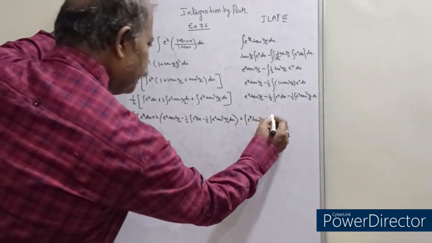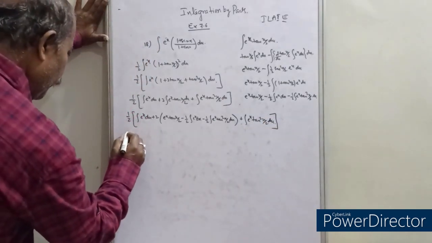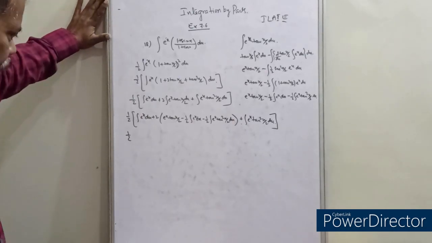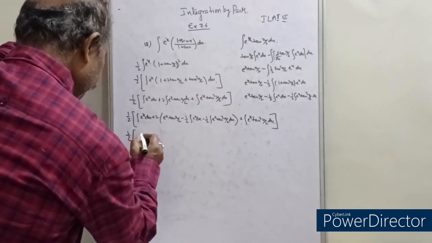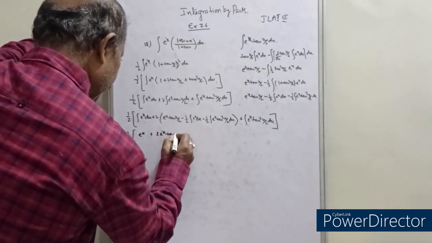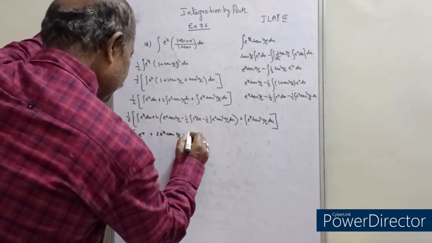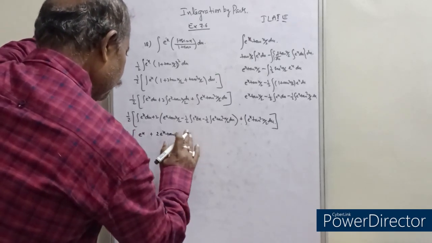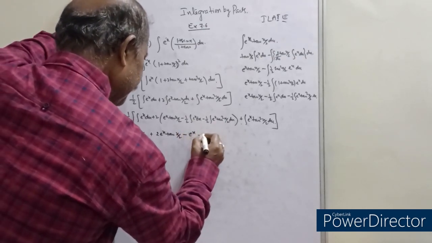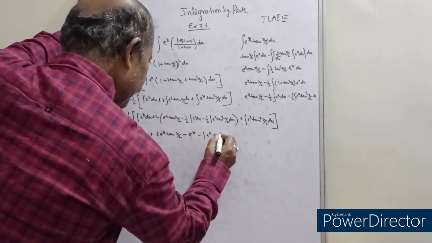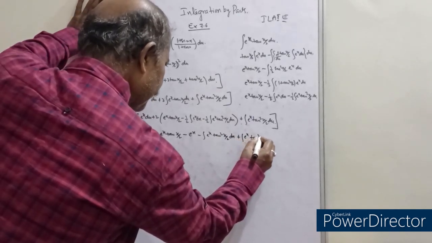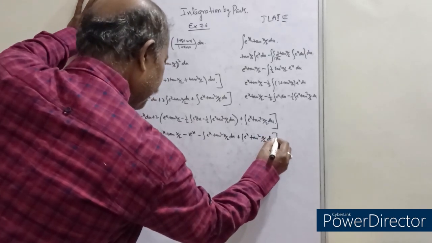So now here you see 1 by 2, this will be 1 by 2 [e to the power of x plus 2 e to the power of x tan x by 2, and this will be minus, 2 cancels out, so this will be e to the power of x, and again minus e to the power of x tan square x by 2 dx plus e to the power of x tan square x by 2 dx bracket close].